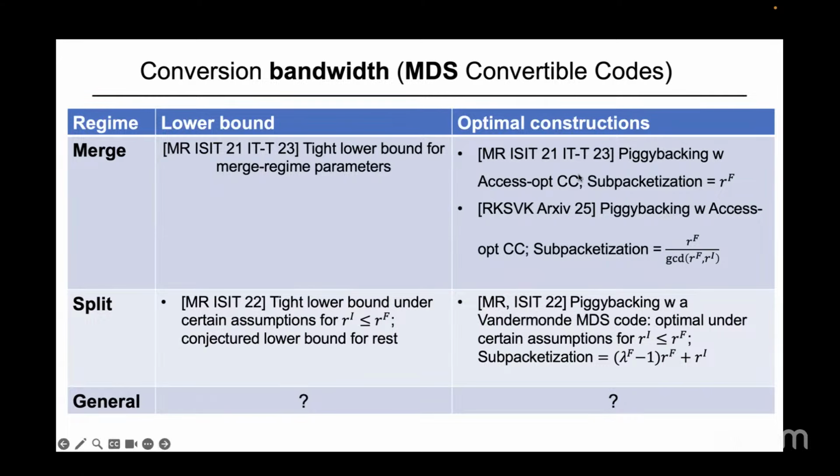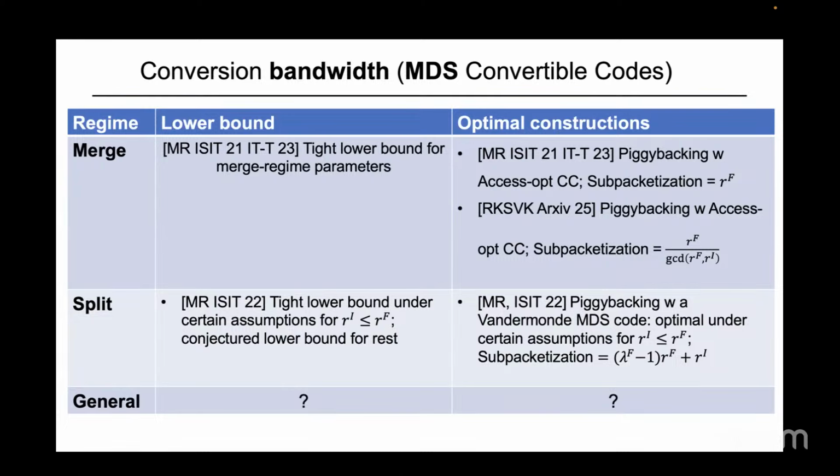Now for that construction, subpacketization, which refers to the length of the vectors in that vector code, which has practical implications when used in a system, is an important factor to keep track of. The previous construction had Rf, which is the number of parities in the final codeword, as a subpacketization factor.